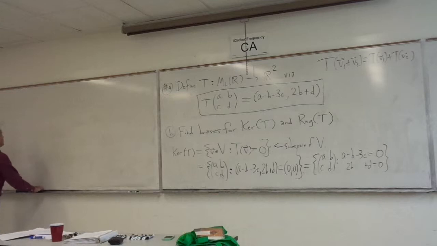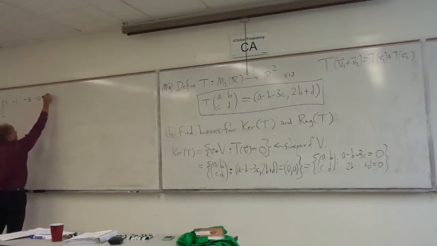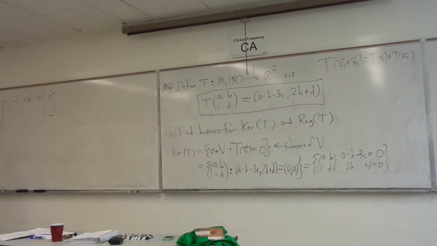So essentially you have a matrix that represents that system. So A minus B minus 3C, and don't forget to leave a column for D as well, is 0. And then on the second line we have 0, 2, 0, 1 augmented with 0, and you pretty much already have your row echelon form here.